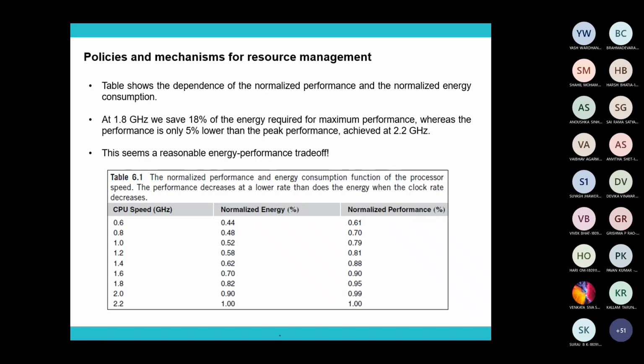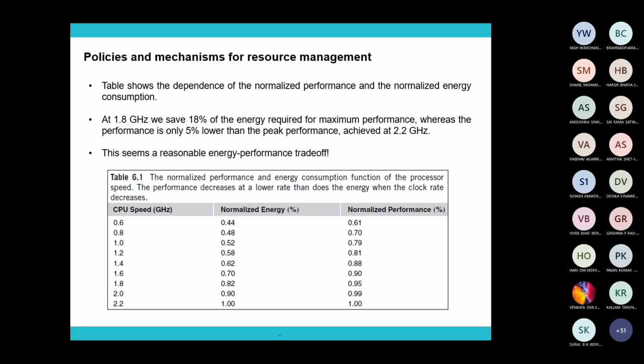Then look at the last but one row. It provides a performance of 99%. You are ready to compromise maybe 0.1%, but that results in reduced power consumption. If you are ready to compromise 0.1 on performance, the energy consumption also gets reduced by 0.1.